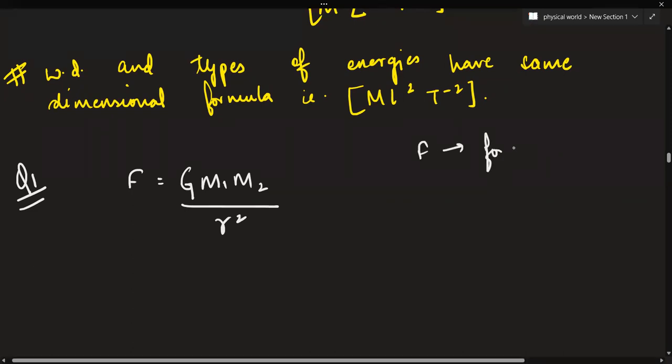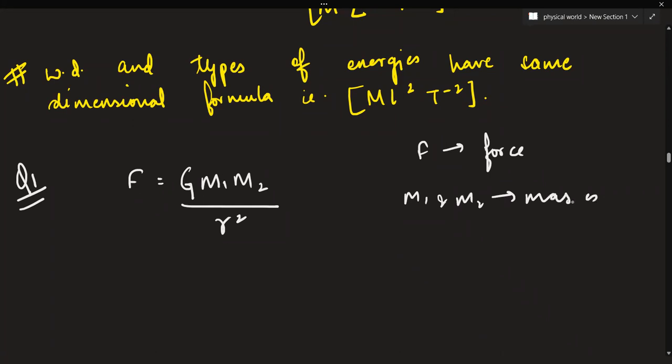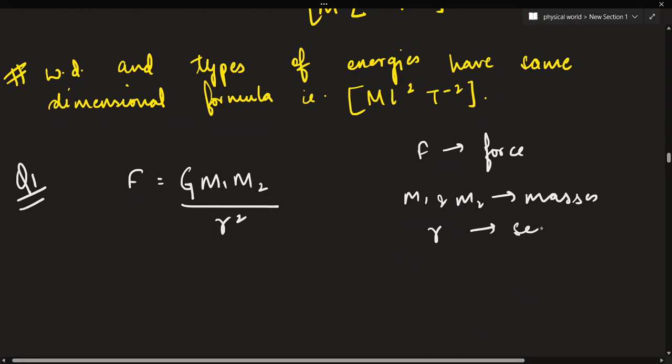F is the force, M1 and M2 are the masses. Then R is the separation. Separation means length. And G is a constant. This is the universal gravitational constant.